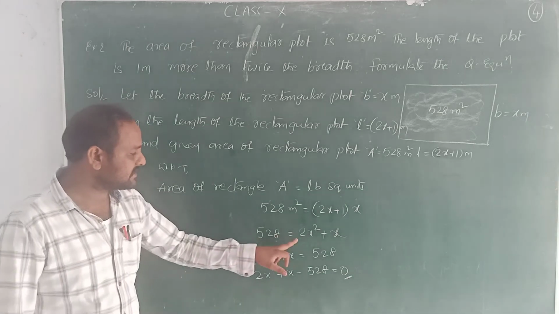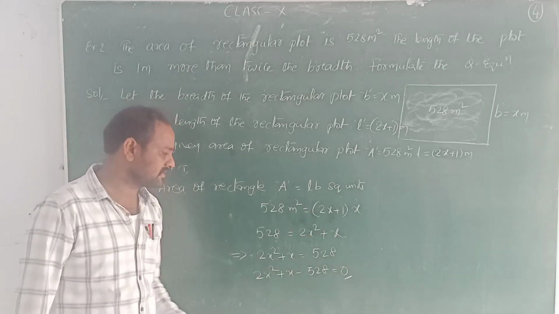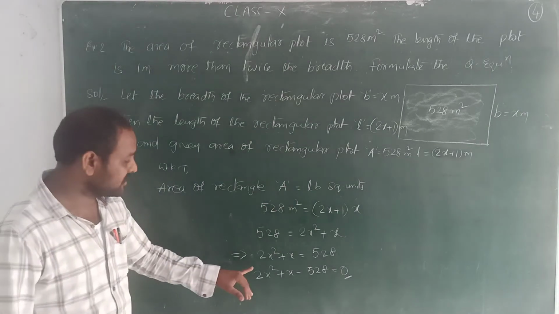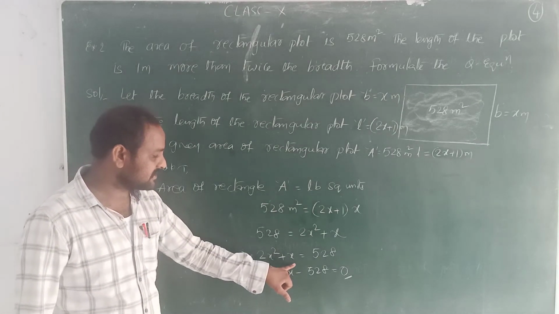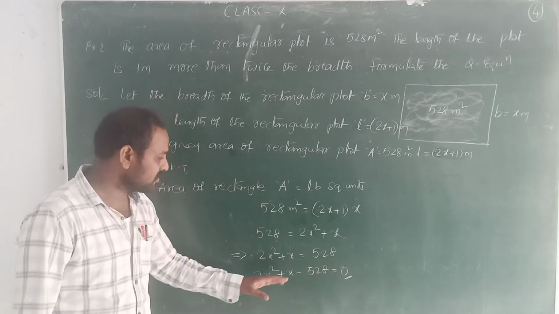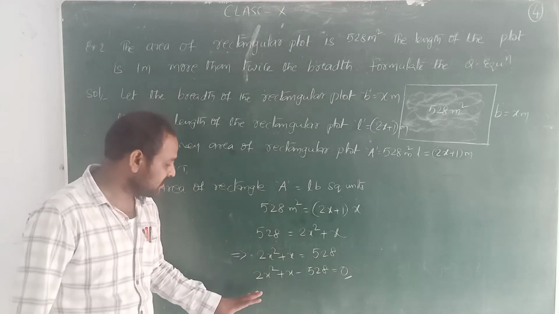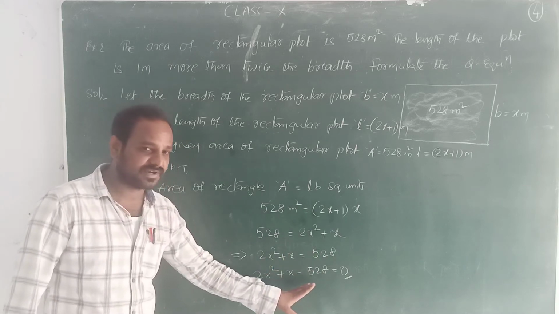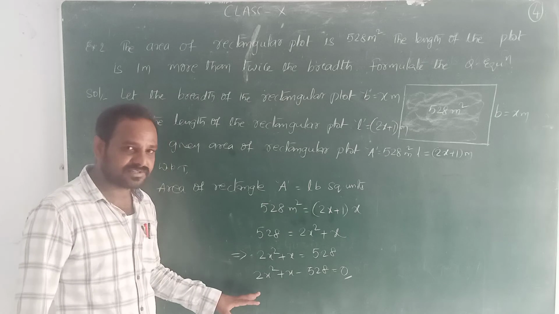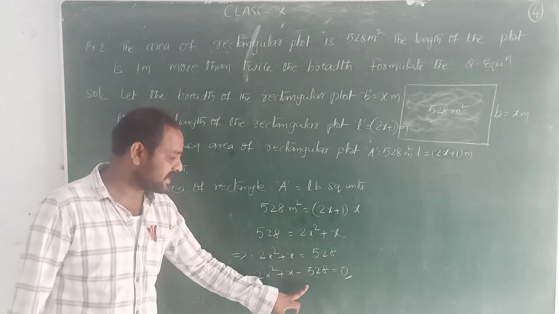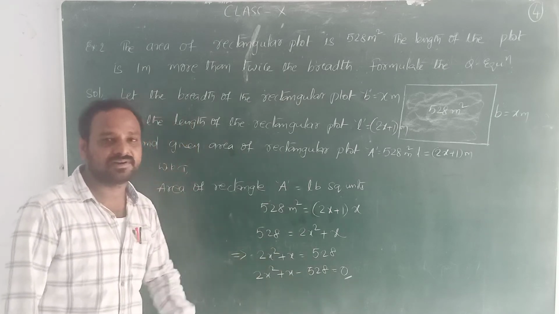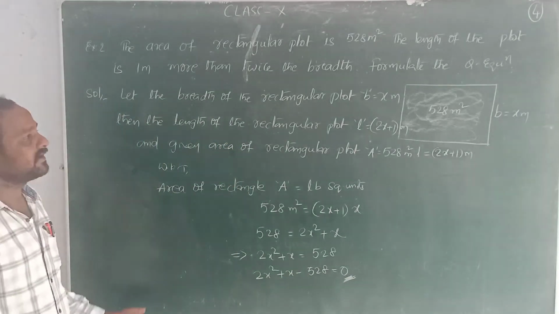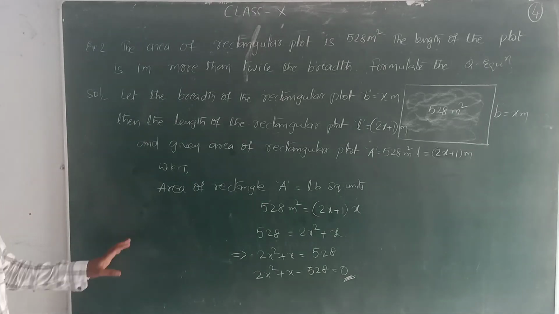So 528 is equal to 2x square plus x. By changing LHS as RHS and RHS as LHS, we get 2x square plus x is equal to 528. By transposing 528 from right hand side to left hand side it becomes negative. So the quadratic equation we got is 2x square plus x minus 528 is equal to 0, which is the required quadratic equation. Did you understand?